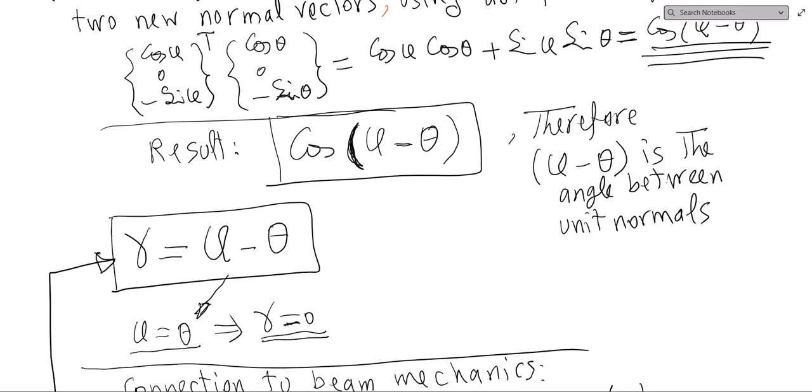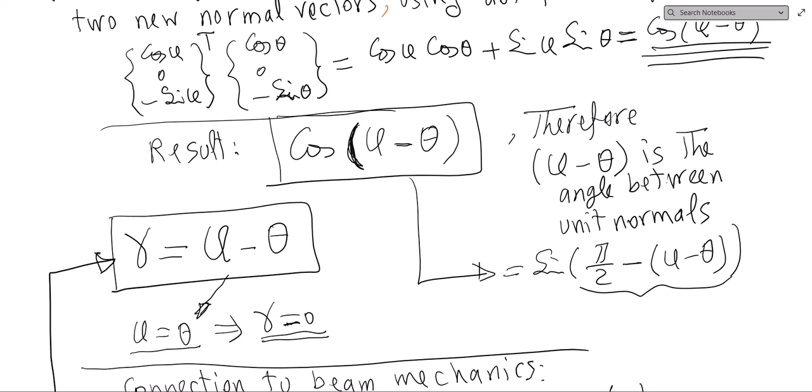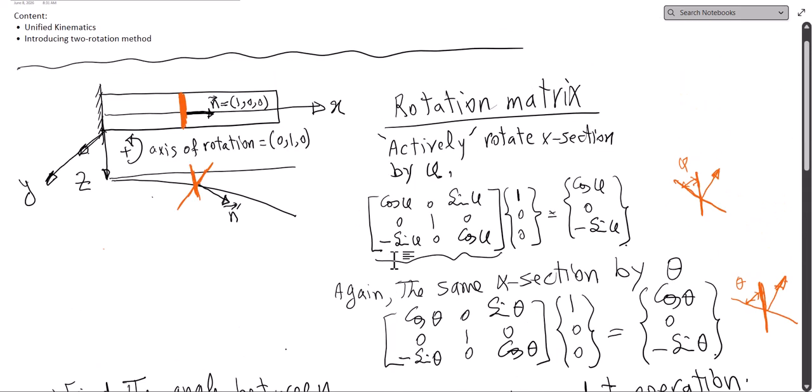Now, one more thing that I may want to add here, and that is if you write this cosine as sine of pi over 2 minus phi minus theta, then you see that this is actually the deviation from normality. And that is another definition that we give for shear strain, that because here we have normal angle, any deviation from normality is shear by definition.